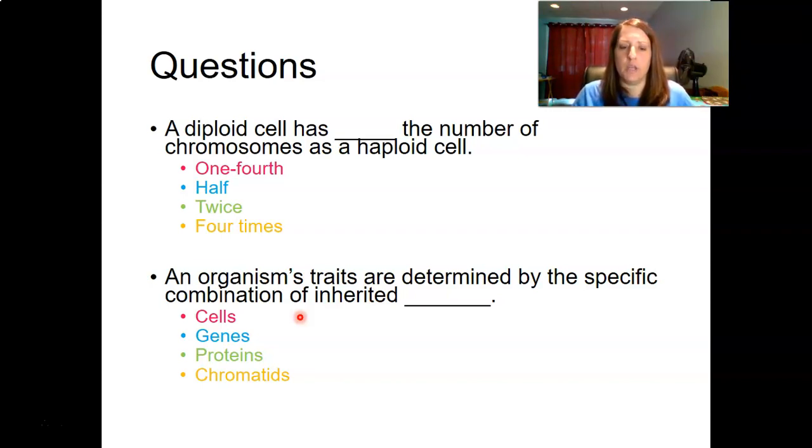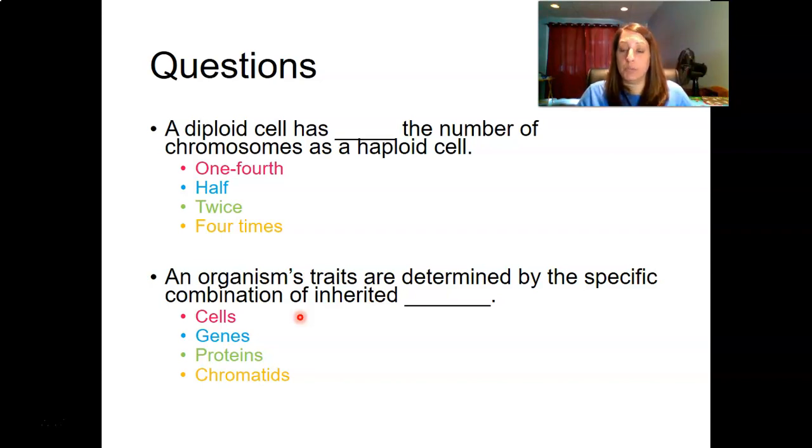Second question. An organism's traits are determined by the specific combination of inherited cells, genes, proteins, or chromatids. An organism's traits, are they determined by what cells are inherited, genes, proteins, or chromatids?